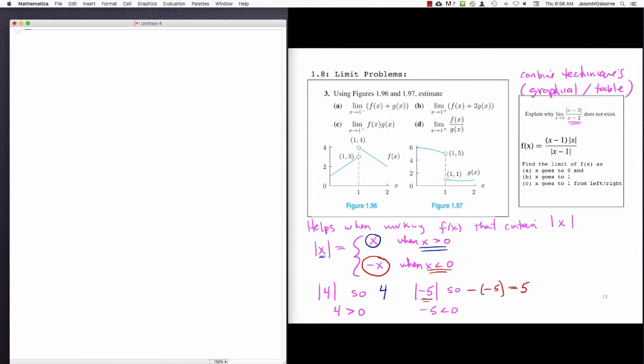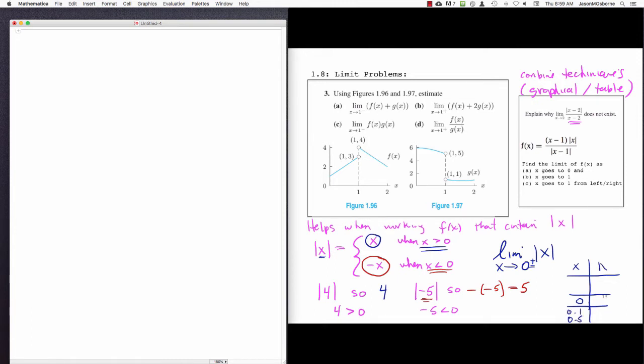Okay? So what if I ask you to compute the limit as x goes to 0 from the right of the absolute value of x? Keep in mind that as x goes to 0 from the right, we're creating a table of values for x getting closer and closer to 0, but from the right, so we're looking at numbers like 0.5, 0.1.